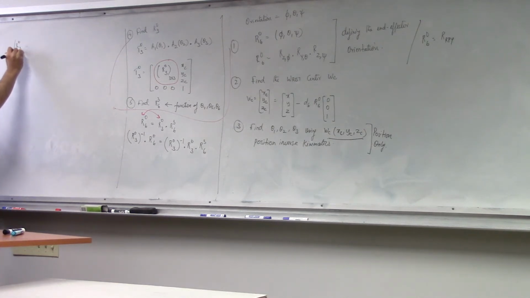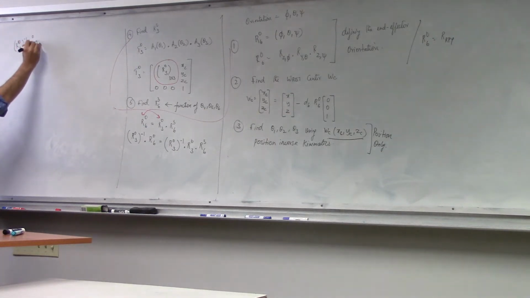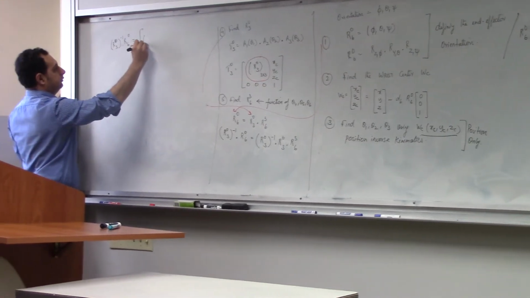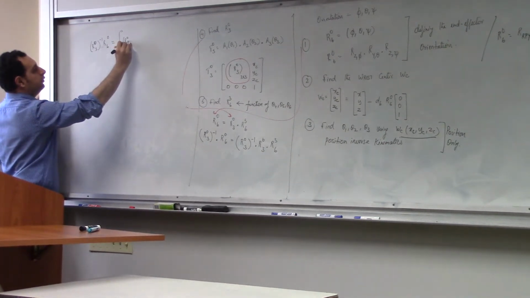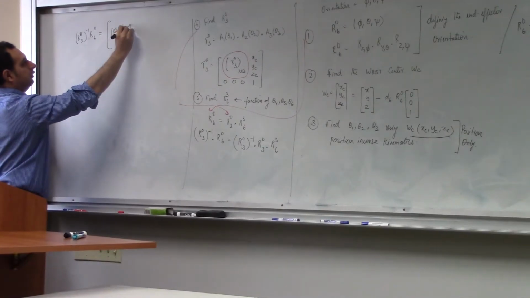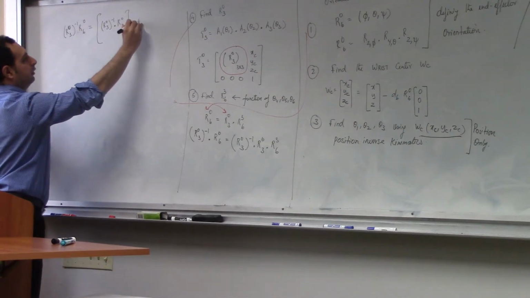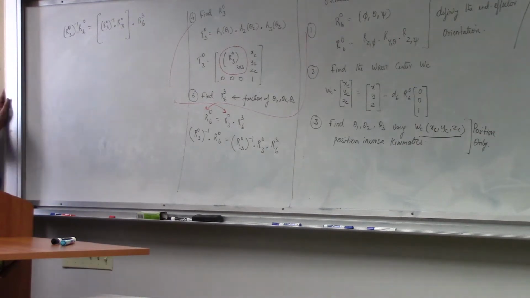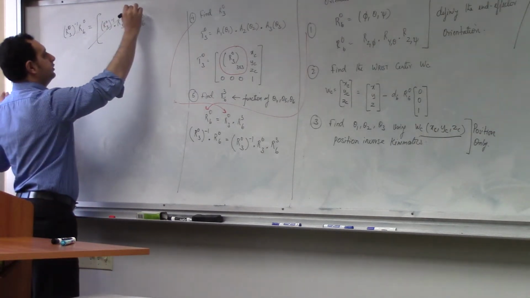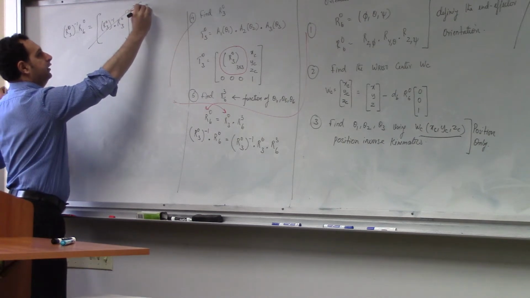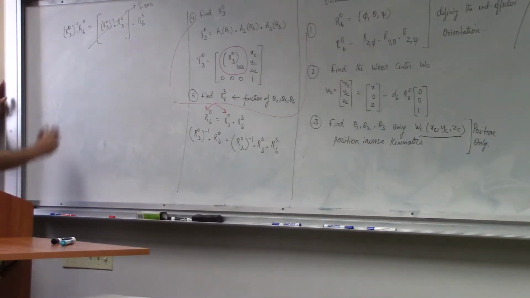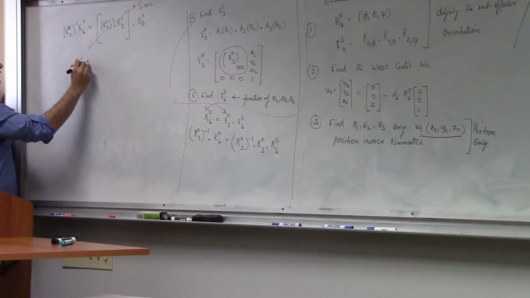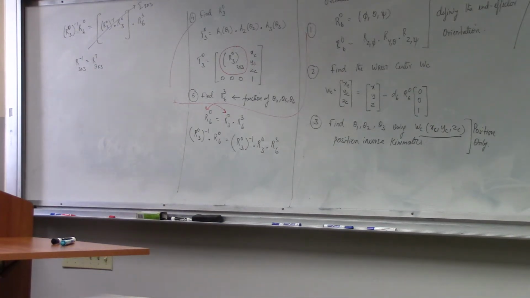R03 inverse times R06 will be equal to R36, since R03 inverse times R03 will be your identity matrix, I 3 by 3. Now we also know that for a 3 by 3 rotation matrix, R inverse is equal to its own transpose.